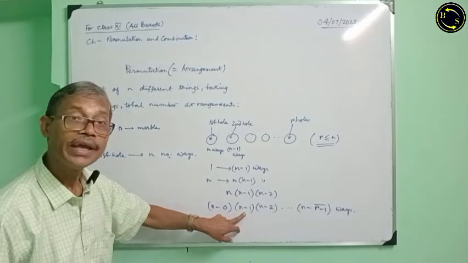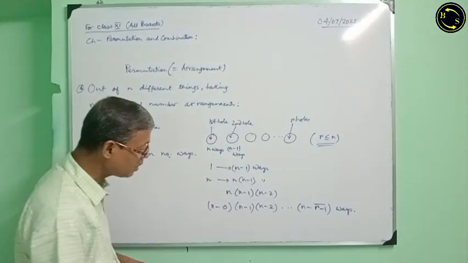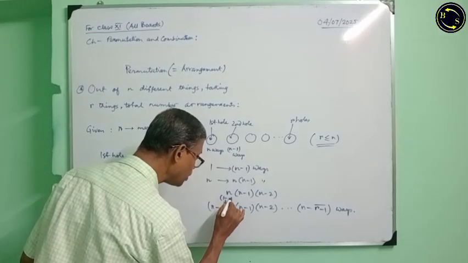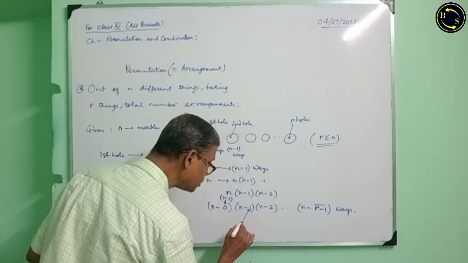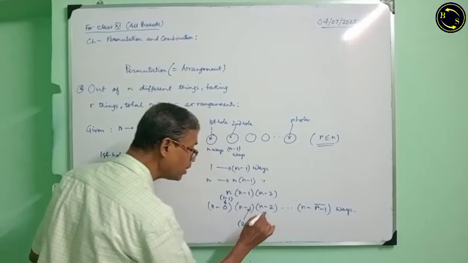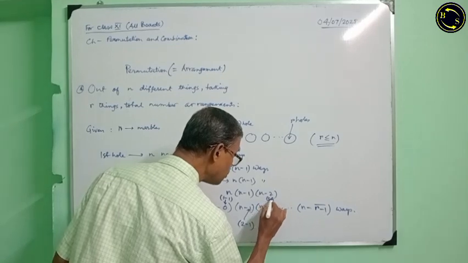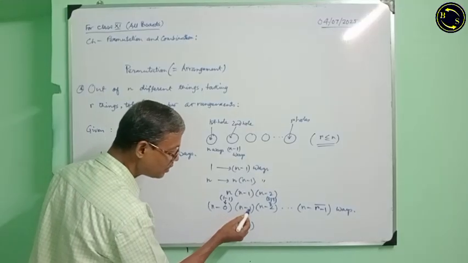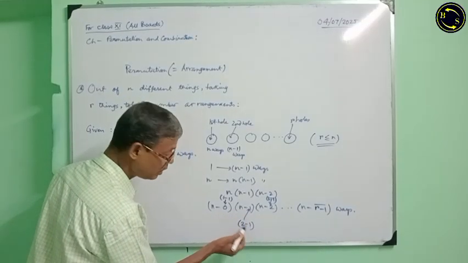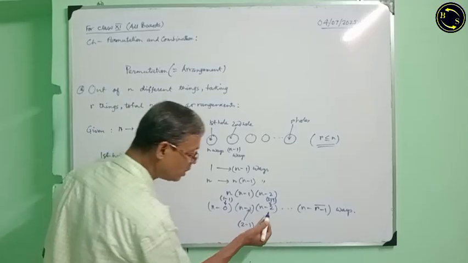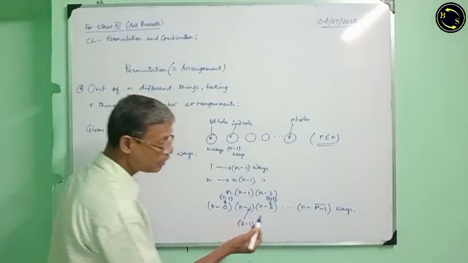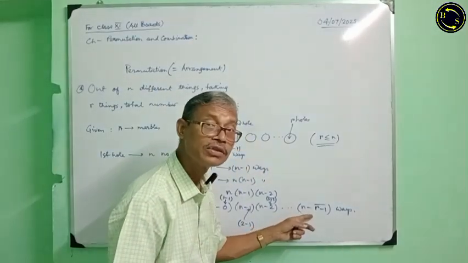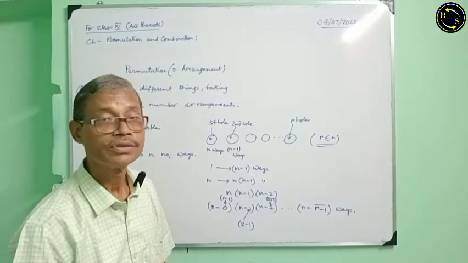The second one, n minus 1, I can write this as 2 minus 1, this one as 1 minus 1, this 3 minus 1. Therefore, for the rth hole, it will be n minus, within brackets, r minus 1 ways.